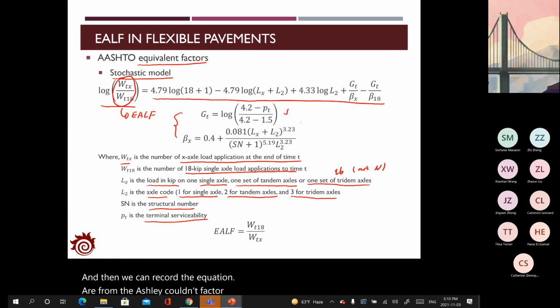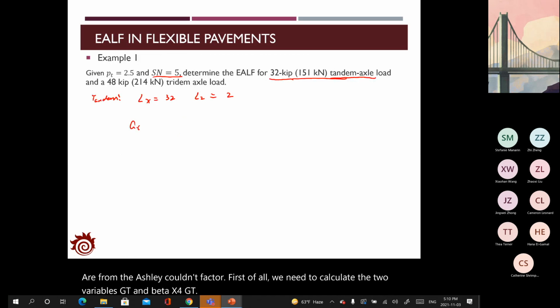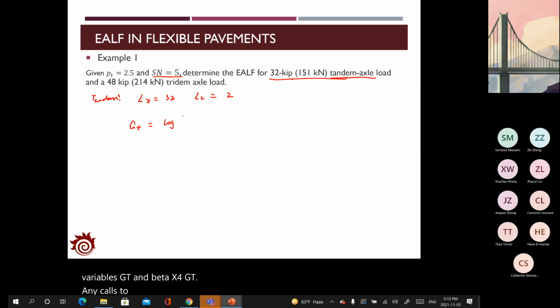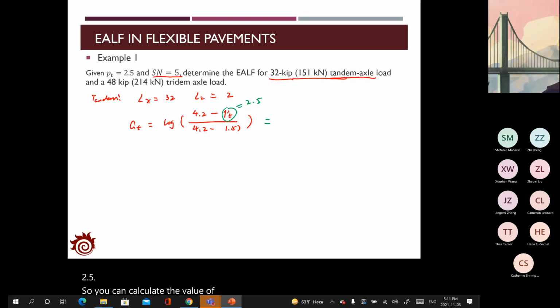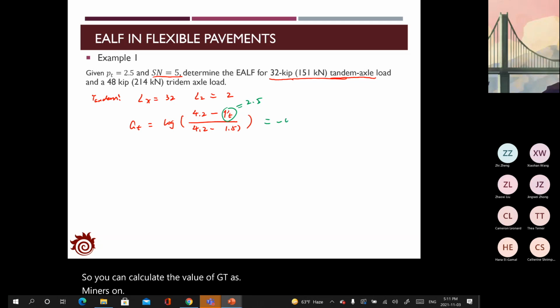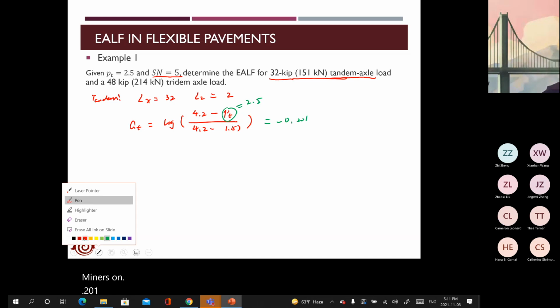And then we can recall the equation from the AASHTO equivalent factor. First of all, we need to calculate the two variables, Gt and beta x. For Gt, it equals log of (4.2 minus Pt) divided by (4.2 minus 1.5). So here we know that Pt equals 2.5, so you can calculate the value of Gt as minus 0.201. And we can then calculate the value of beta x.